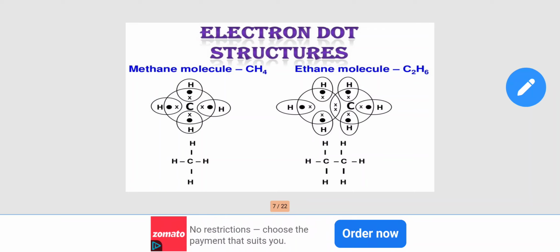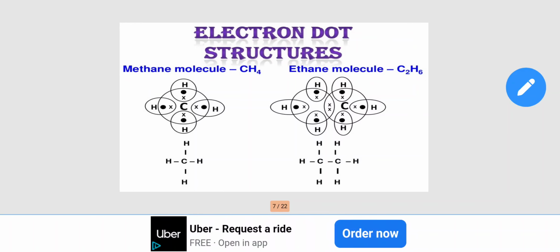Electron dot structures: here, for example, we use a methane molecule, CH4. You can see this electron dot structure, and also the ethane molecule, C2H6. This is very important for your exam. Please remember this and explain it in your class.